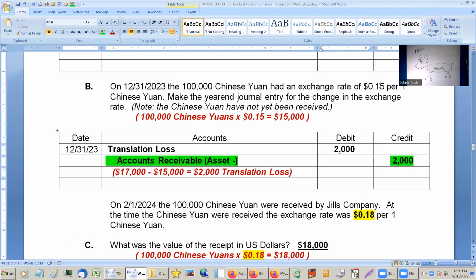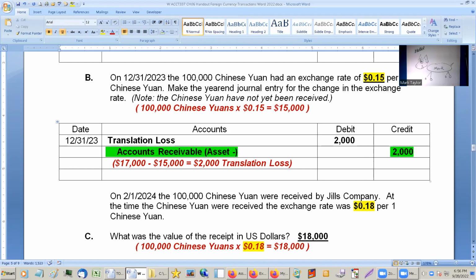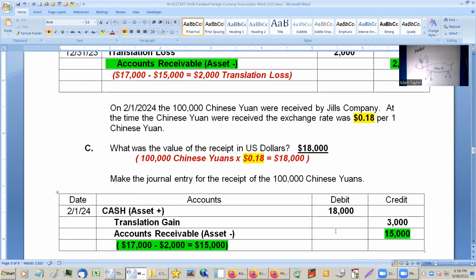It rebounded from the 0.15 to 18, so that it went from 15 to 18. That's why we recognize that whole 3,000.